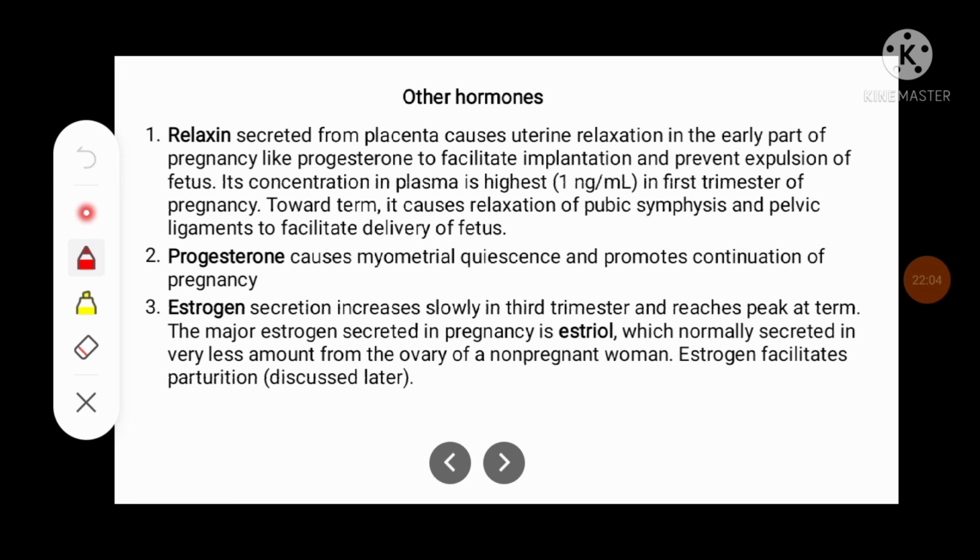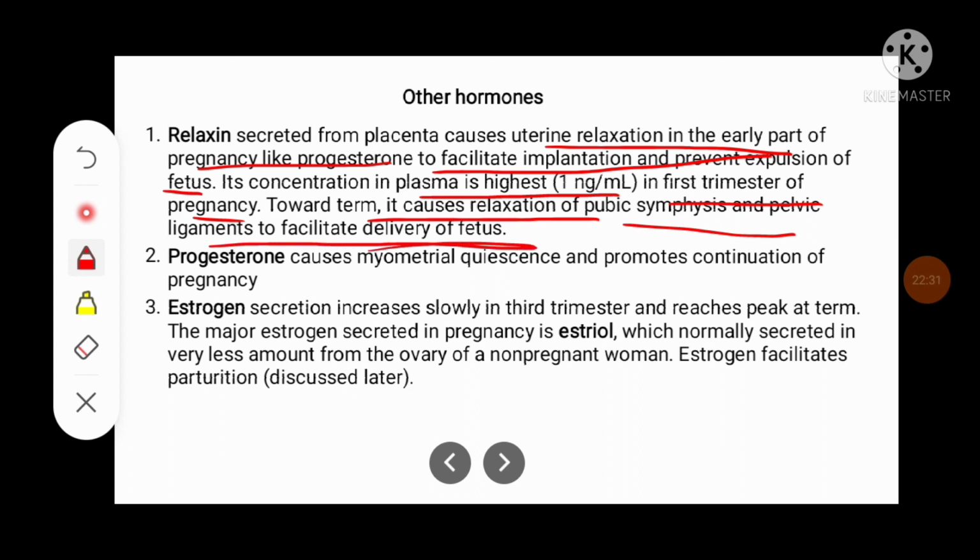The other hormones like relaxin, secreted from the placenta, cause uterine relaxation in the early part of pregnancy, like progesterone, to facilitate implantation and prevent expulsion of the fetus. Its concentration in plasma is highest, that is 1 nanogram per ml, in the first trimester of pregnancy. Towards term, it causes relaxation of the pubic symphysis and pelvic ligaments to facilitate delivery of the fetus.